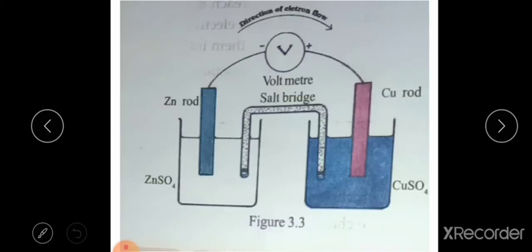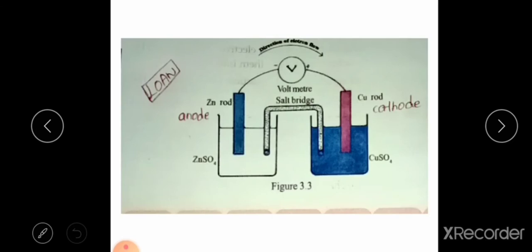So dear students, I will now tell you one easy code, that is LOAN. By using this code we can construct the galvanic cell. If you know the code, then you can easily construct a galvanic cell. This code is only applicable to the galvanic cell, okay students. Here L means left, O means oxidation, A means anode, and N means negative.